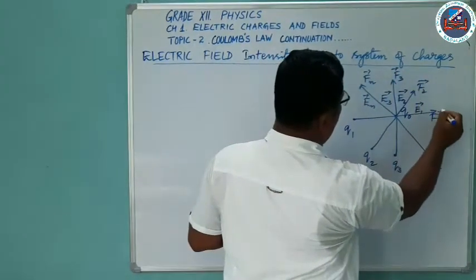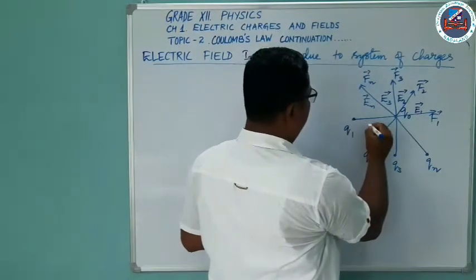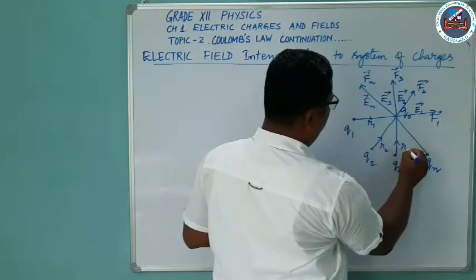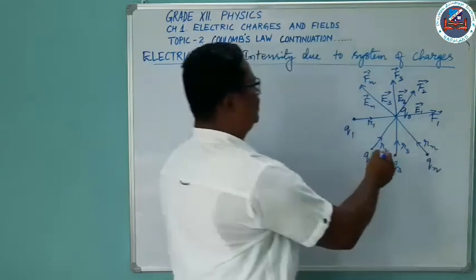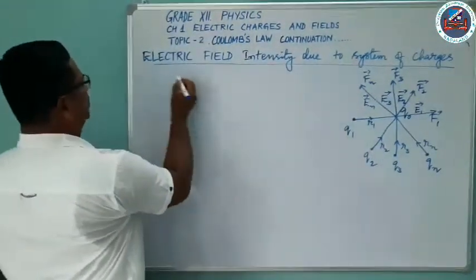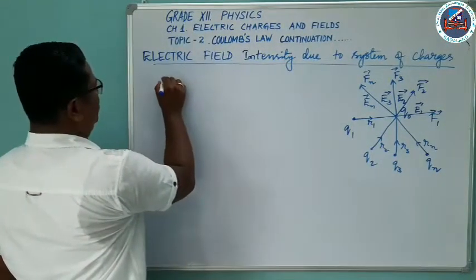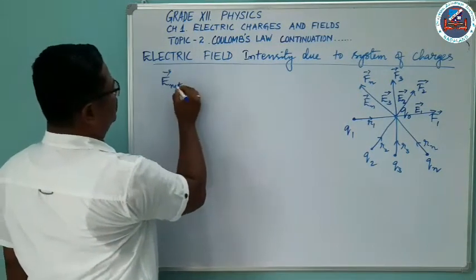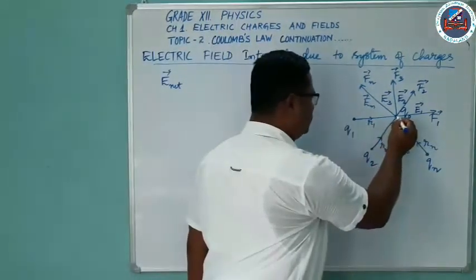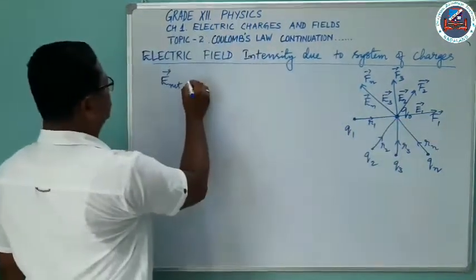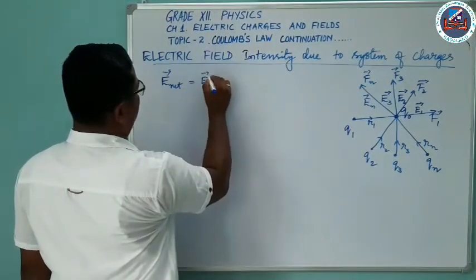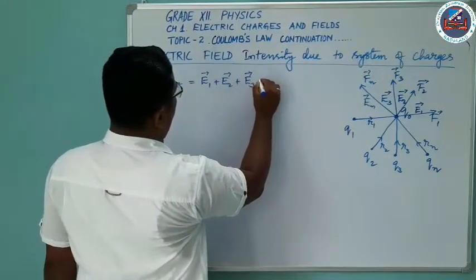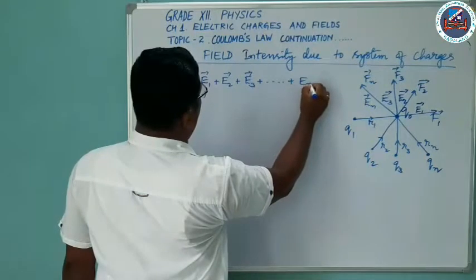Then the unit vectors, if I take it as R1 cap, R2 cap, R3 cap, up to Rn cap, then mathematically you can write the net electric field intensity experienced by Q naught as E1 plus E2 plus E3 up to En.